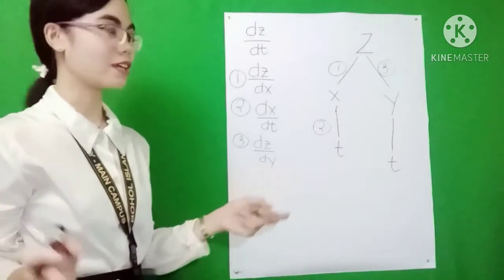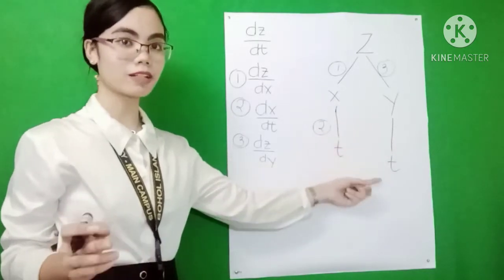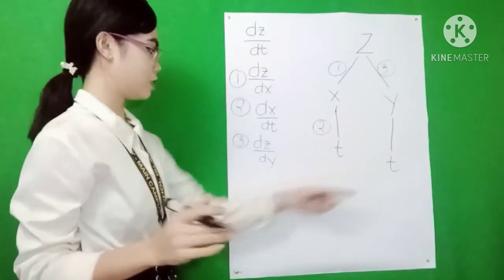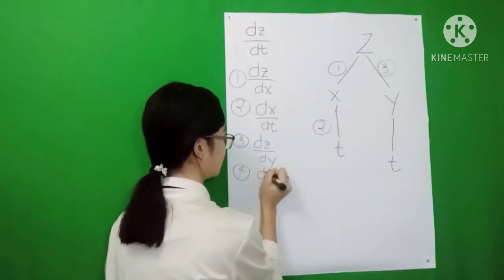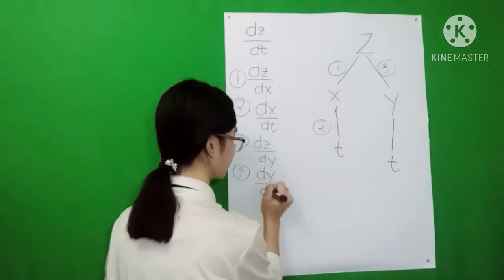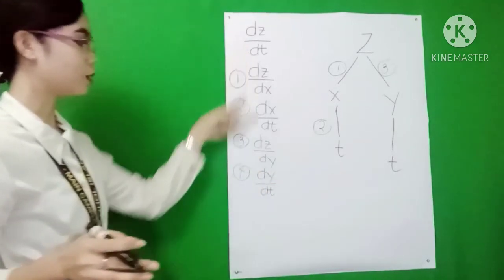And the last one is to find the partial derivative of y with respect to t, so we write dy over dt. So we have everything here already.